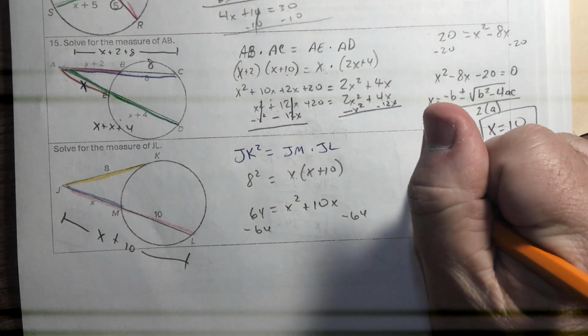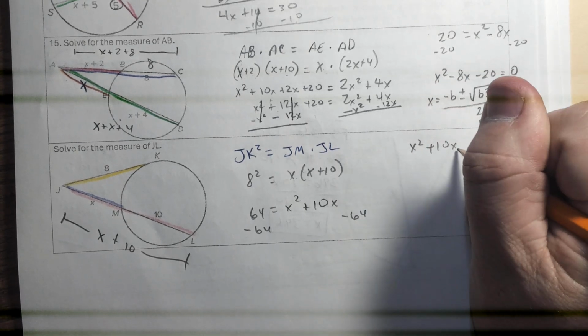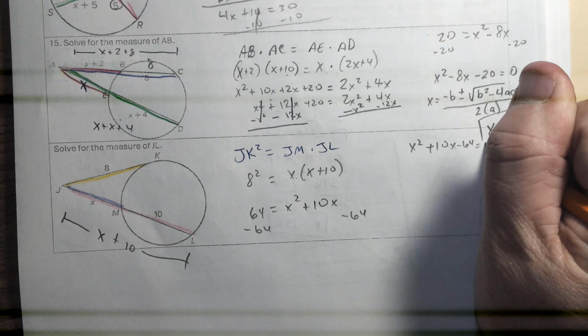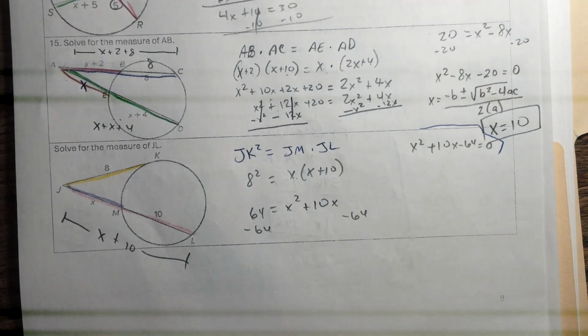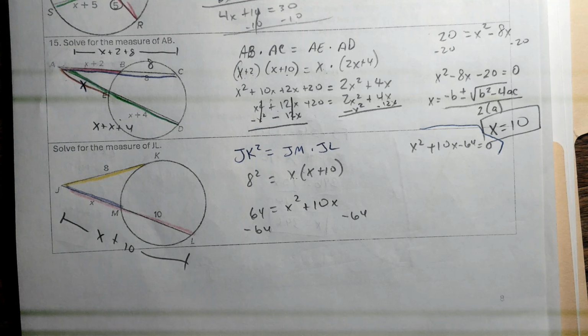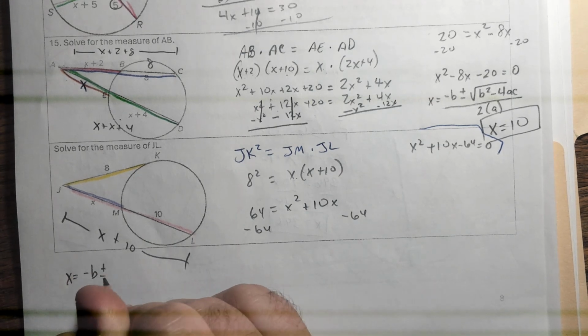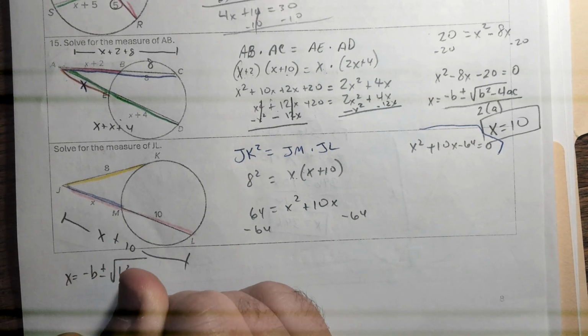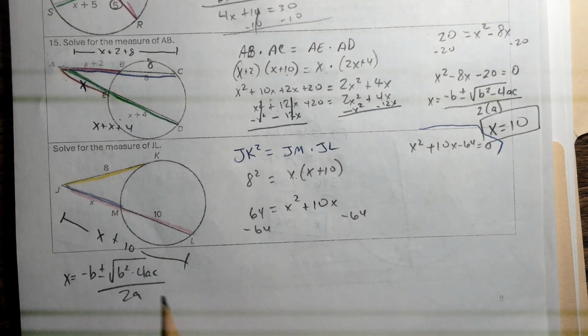So now we have room to write it here, down at the bottom. x equals negative b plus or minus the square root of b squared minus 4ac over 2a.